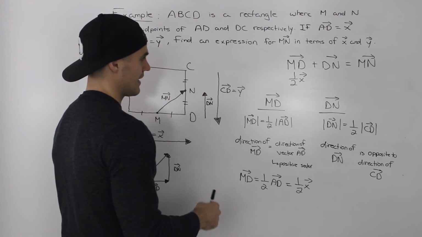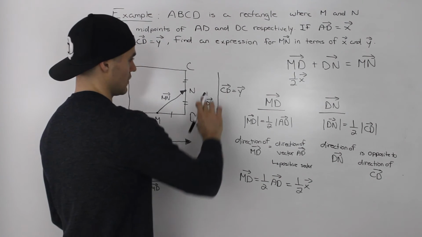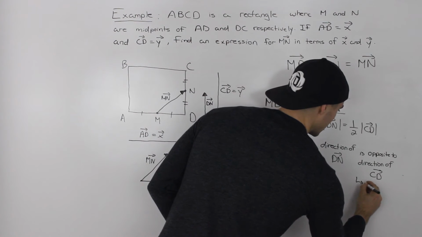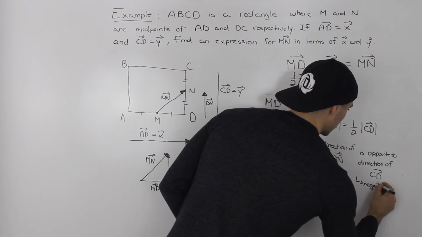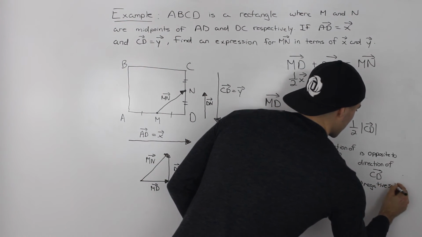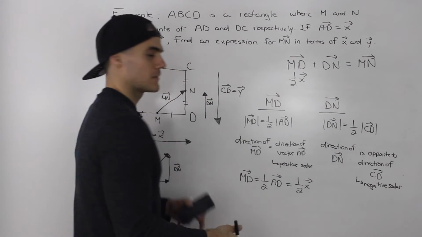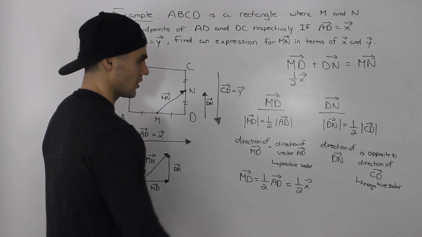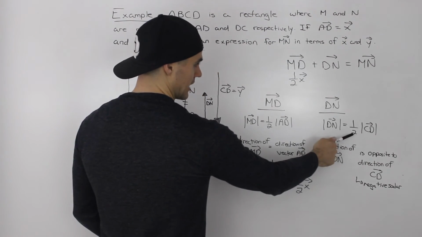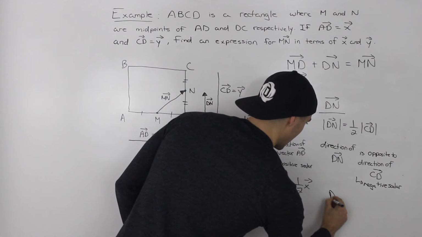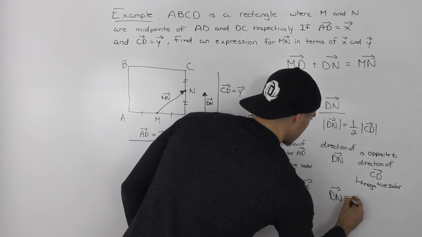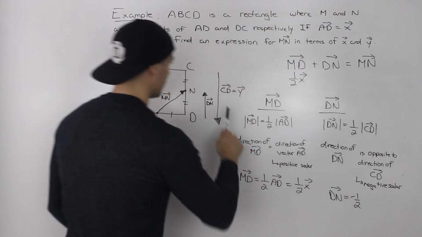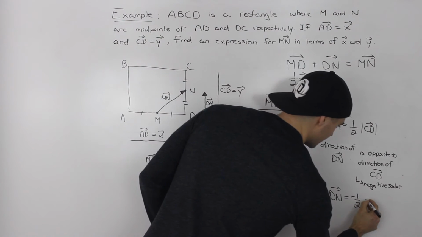So what does that mean? If we want an expression of DN in terms of CD, we're going to have to multiply it by a negative scalar, because a negative scalar means that the vectors go in opposite directions. Opposite direction, half the magnitude, so the vector DN is equal to negative 1/2 of the vector CD.